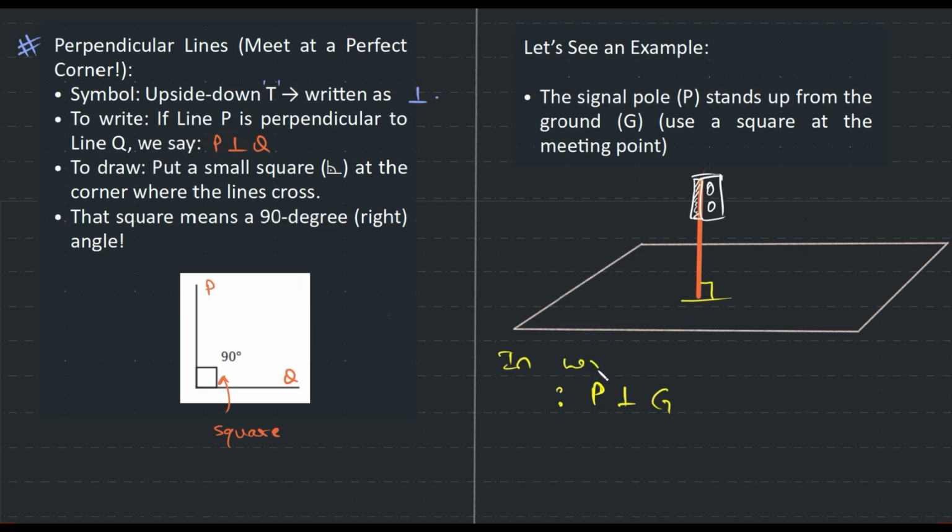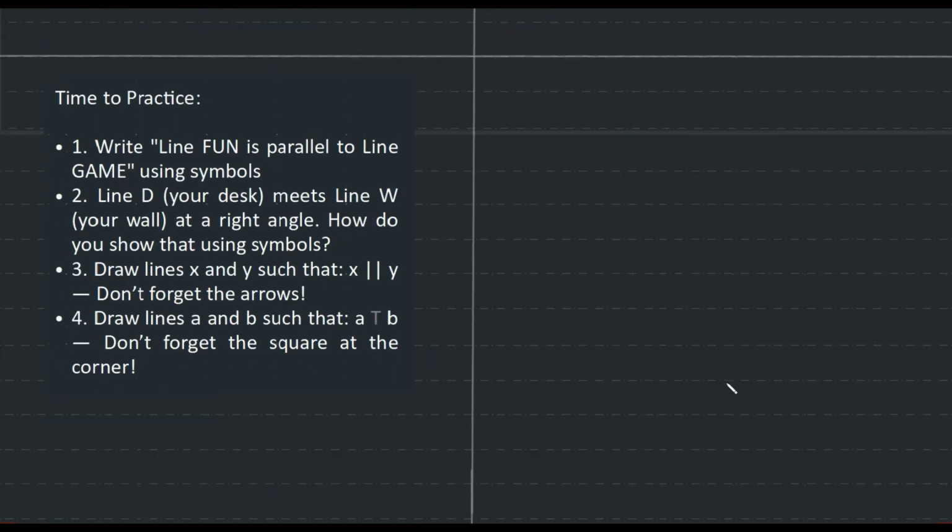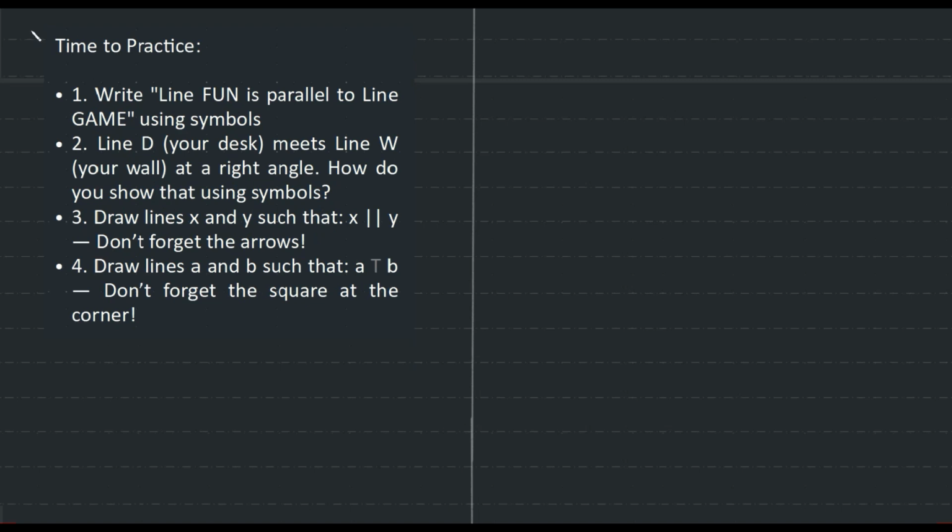Right, guys. Time to practice. Write: line fun is parallel to line game. So it's a combination of parallel and perpendicular. We have line fun is parallel to line game.